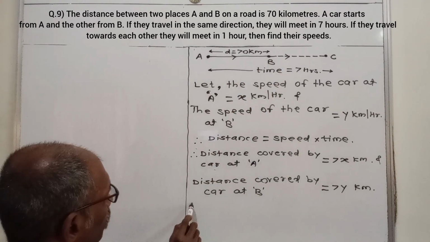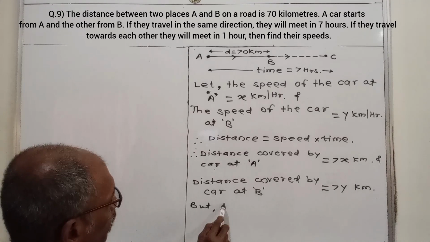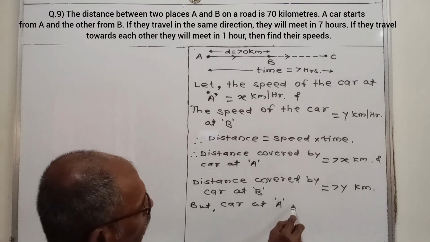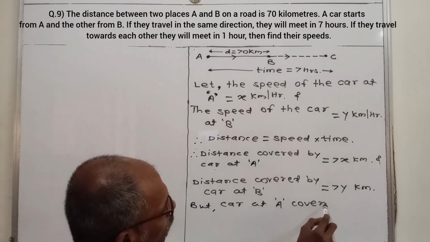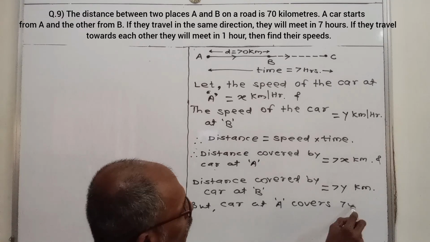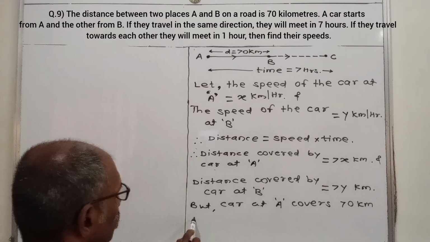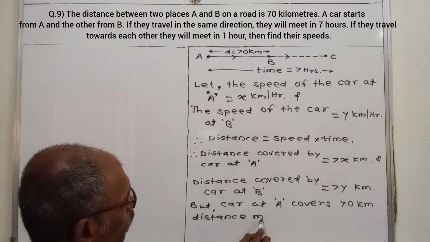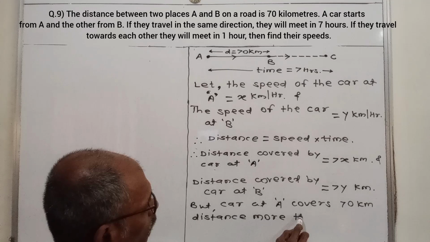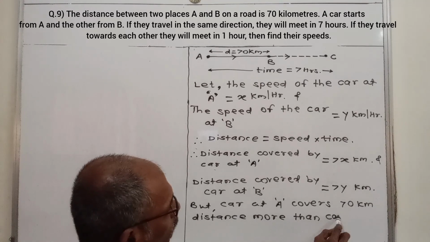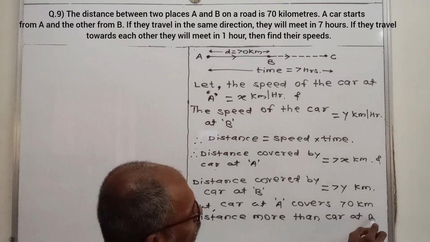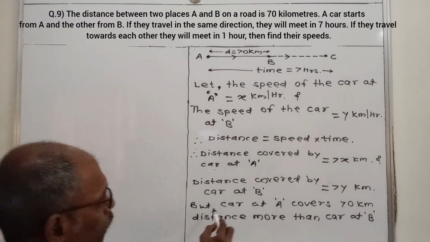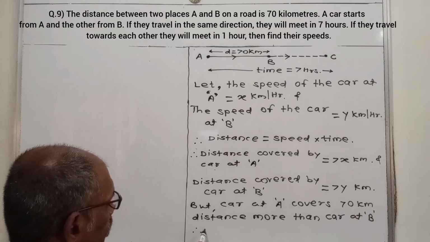But car at A covers 70 kilometer distance more than car at B. Did you get it?